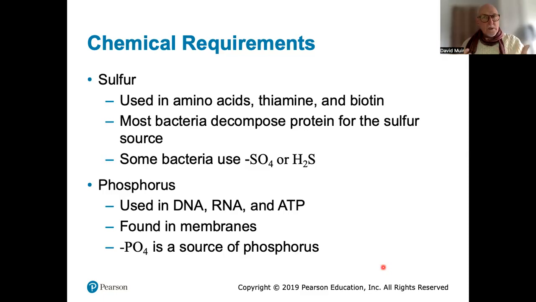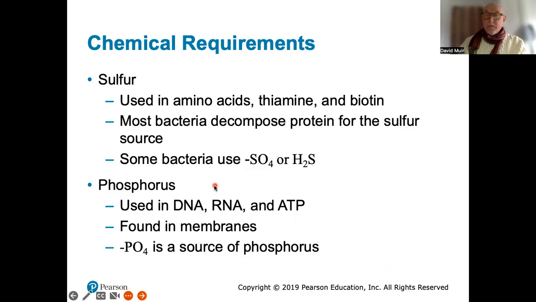There are many ways in which sulfur is used in biological systems. One of the reasons that bacteria decompose proteins is not only as a source of nitrogen, but also for the sulfur that they contain. And there are other, autotrophic bacteria, for example, which can use sulfate or hydrogen sulfide as a source of energy.